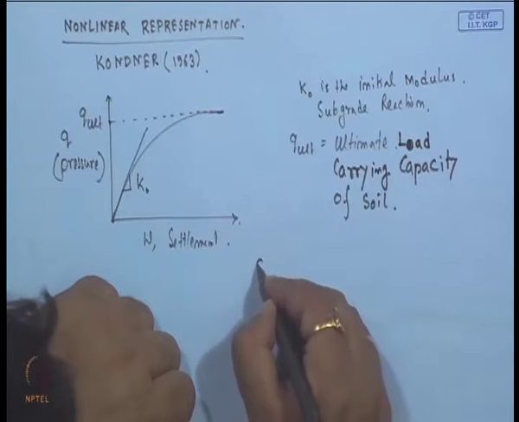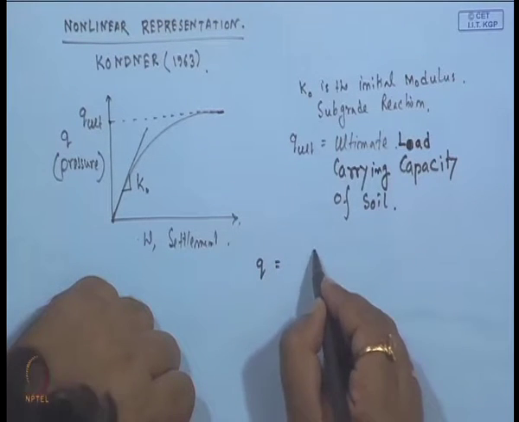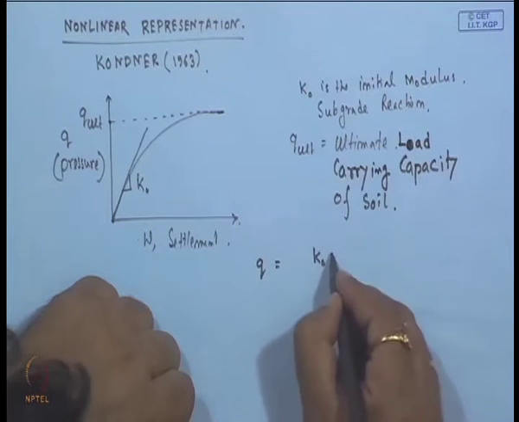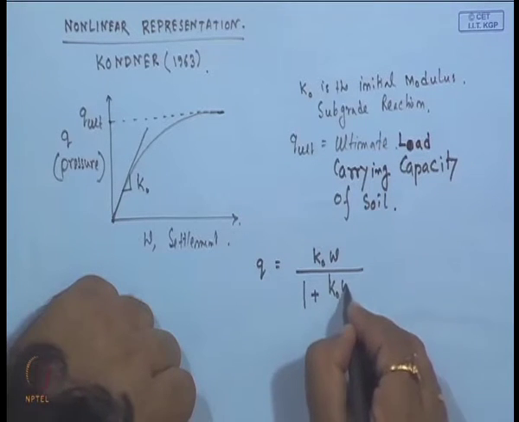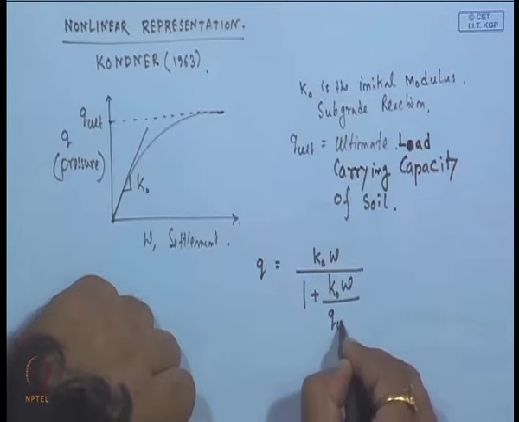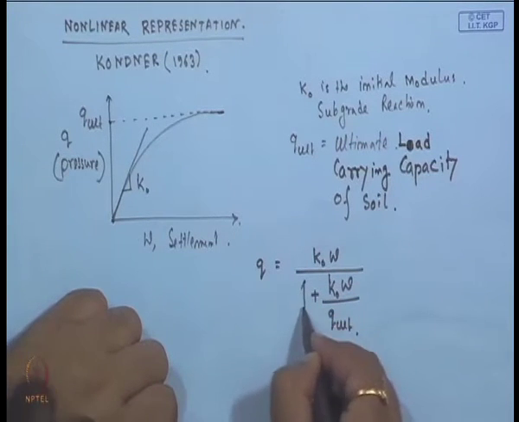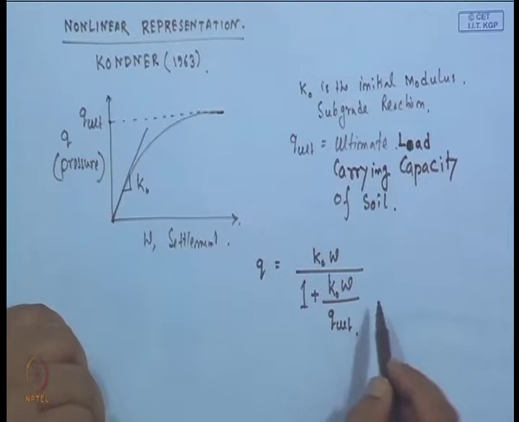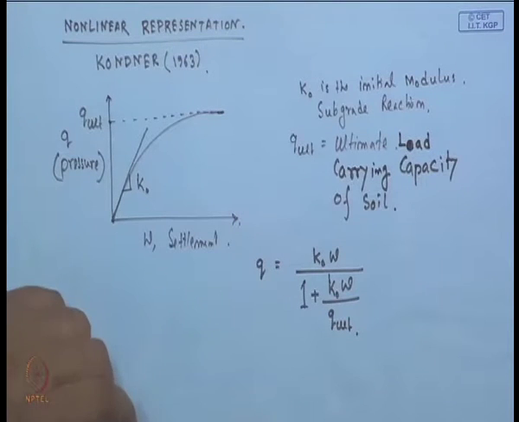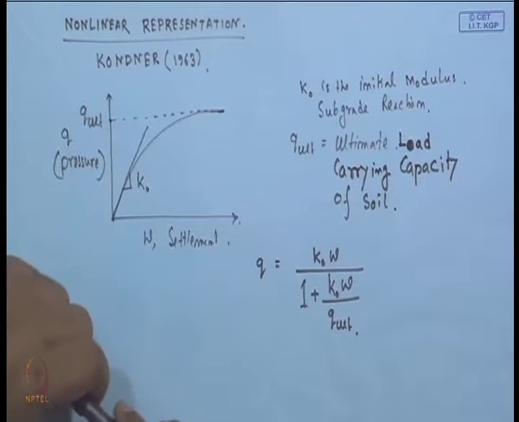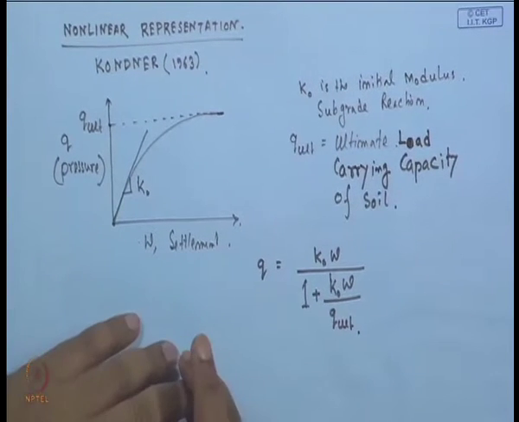Then according to Konder, the representation is Q equals K0 W divided by 1 plus K0 W over Q ultimate. So, this is another nonlinear representation of the soil behavior. These are the few nonlinear models that we can use. In the Winkler spring also, these springs are assumed as a linear model, so using this nonlinear model we can remove that limitation also.